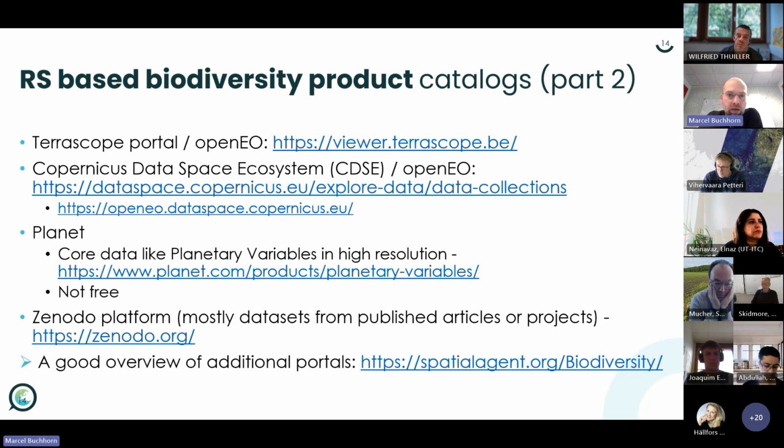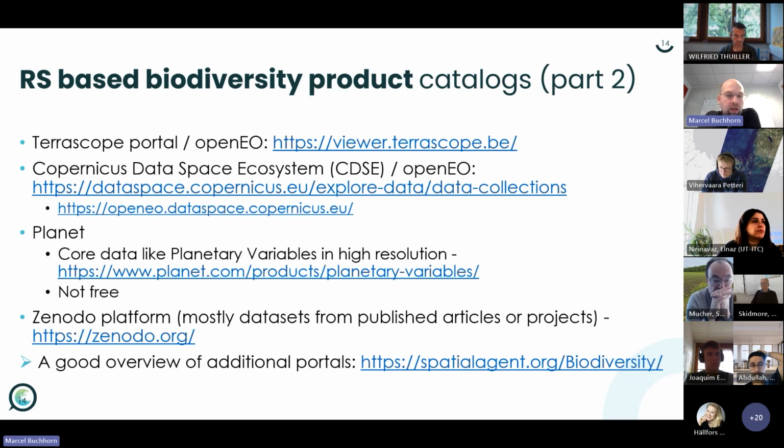So that is the main focus point if you want 10-meter and 20-meter Sentinel data, as well as the products. There is a huge product catalog. You will also find high resolution phenology data, FPAR, land cover, and LRI products. They are all available there on demand or for download. Mainly on demand if you are using OpenEO, but you can also download the data sets from there.